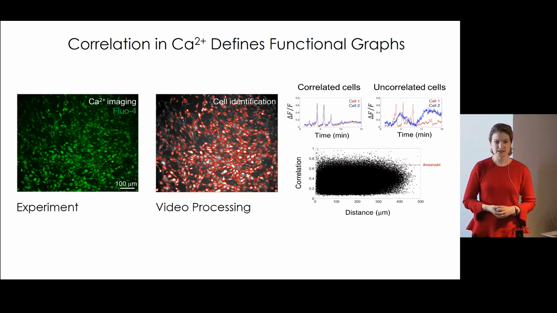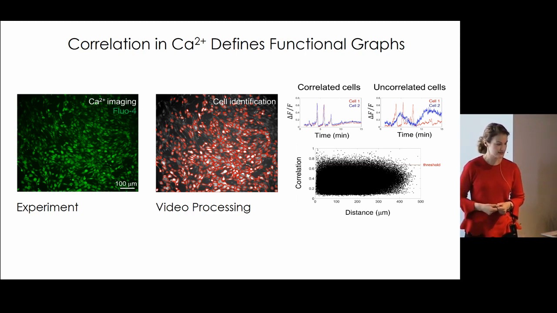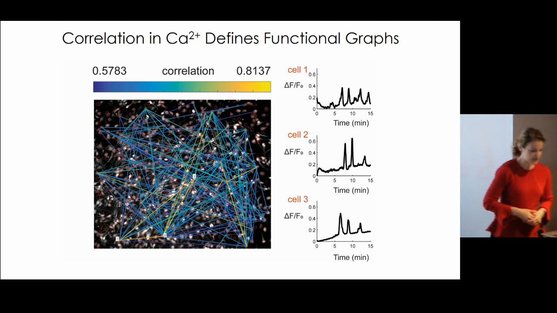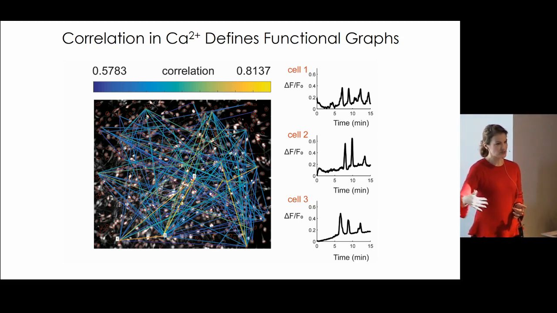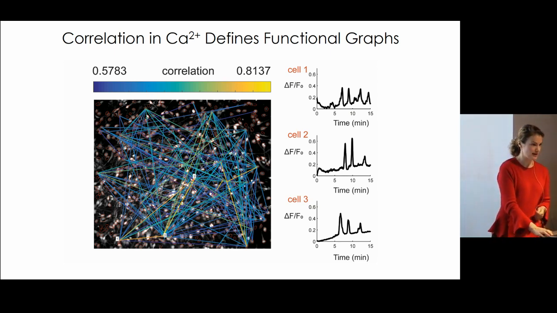So for the functional graph, we just briefly use a method which looks at the identification of the cells and asks the correlation coefficient between any two cells. Is it above expected random or spontaneous correlation between any two cells? There's another step to this in that we also make sure that the cells are spiking at least 2 or at least 3 times during one of these experiments.